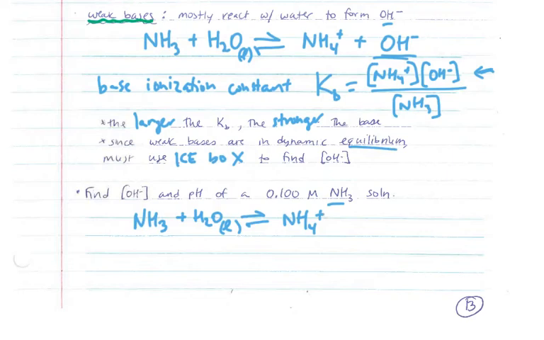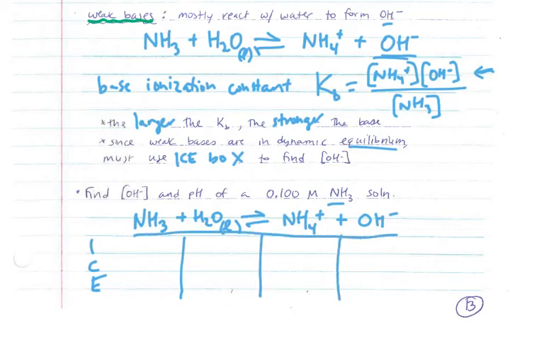As a base, it accepts a proton, gains a proton, and it gained it from water, which is acting as an acid in this situation. So now we can make our icebox. We've got 4 things here, but since water is a liquid, it's not part of the equilibrium, so we're just going to cross out that part of the table here and ignore it.